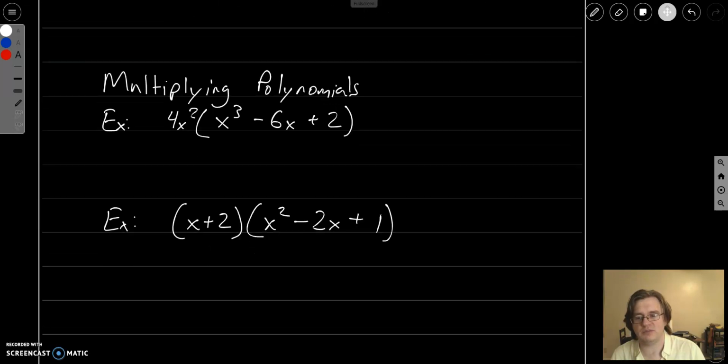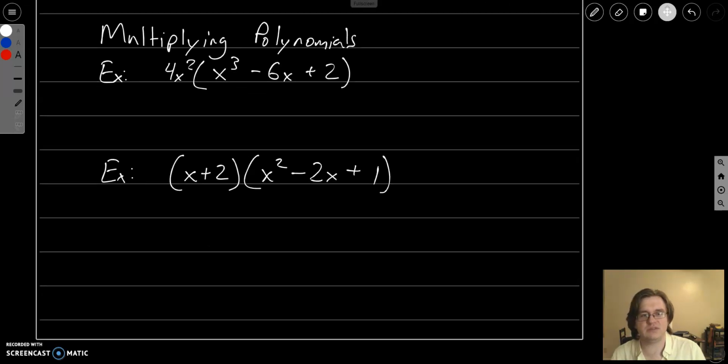Let's look at multiplying. We'll look at 2 examples. The first one is fairly straightforward. 4x squared times this polynomial out here, and we will just need to distribute. So again, the way this works is I will need to take the term out front and multiply it against everything on the inside.